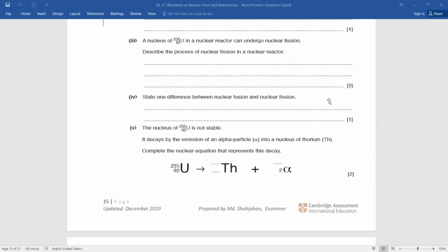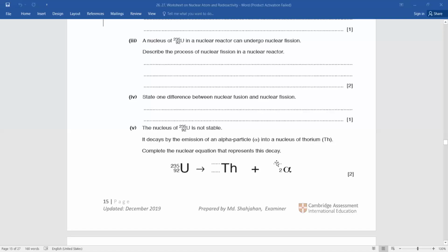For alpha, it is 2, 4, right? The blank space will be 4. Yes. For alpha, the blank space should be 4.